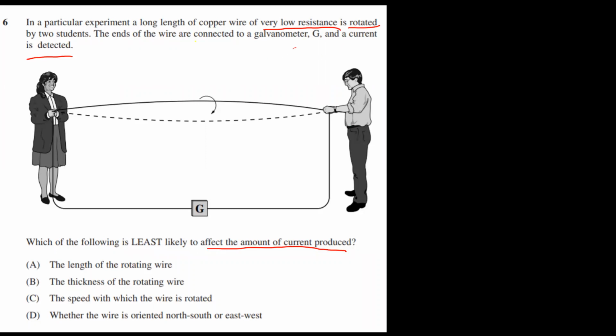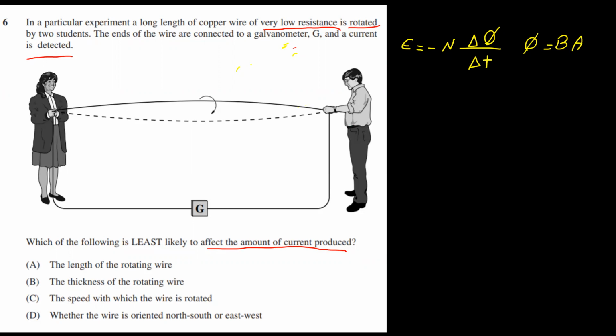We know the formula for Faraday's law: epsilon is equal to minus N delta phi over delta t. And we know phi, that is magnetic flux, is equal to B times A, where B is magnetic field and A is the area.